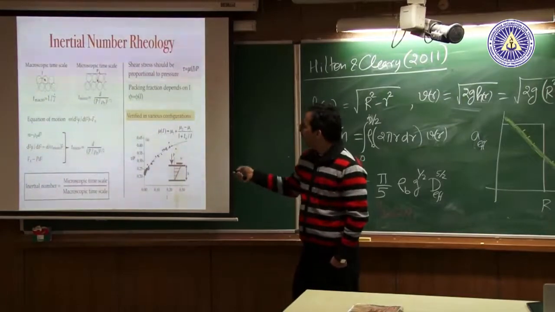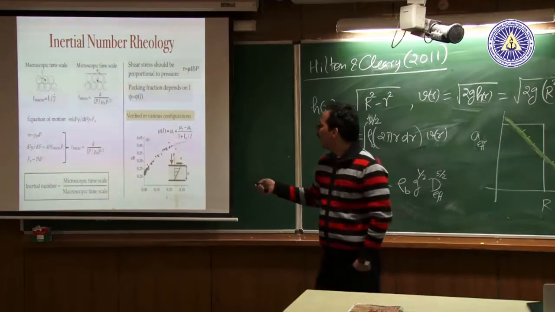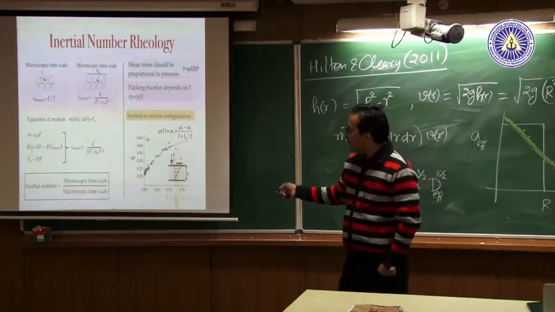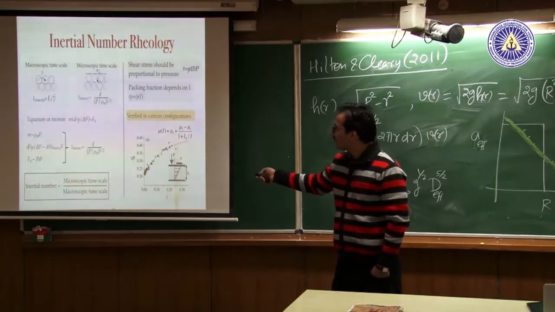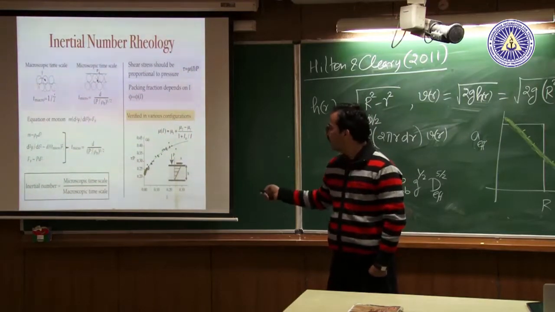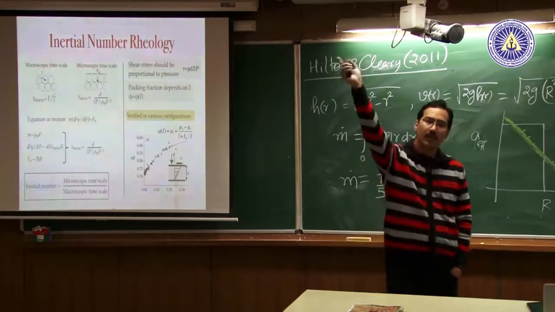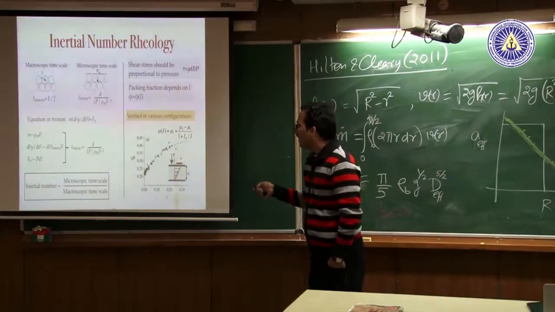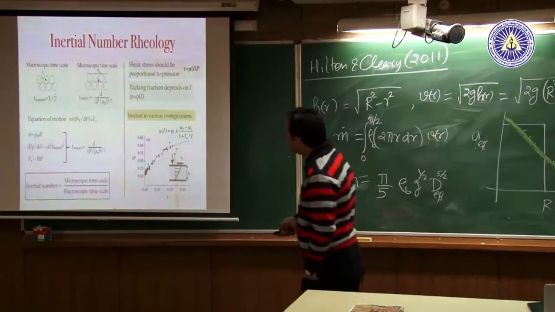Pouliquen in France suggested this particular form, starting from a minimum value of mu1 going to a maximum value of mu2, with the variation being 1 plus I naught over I. So at I equal to 0, this term essentially becomes infinity, so this term is off and you have mu equal to mu1, and when I is very large, this term is 0, and so you have mu1 plus mu2 minus mu1, hitting a maximum value of the effective friction coefficient, to be precise. This is the proposition by Pouliquen.